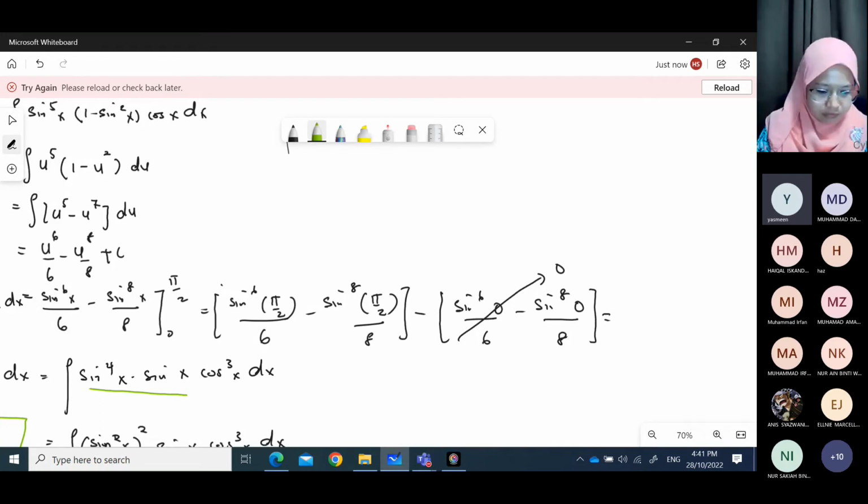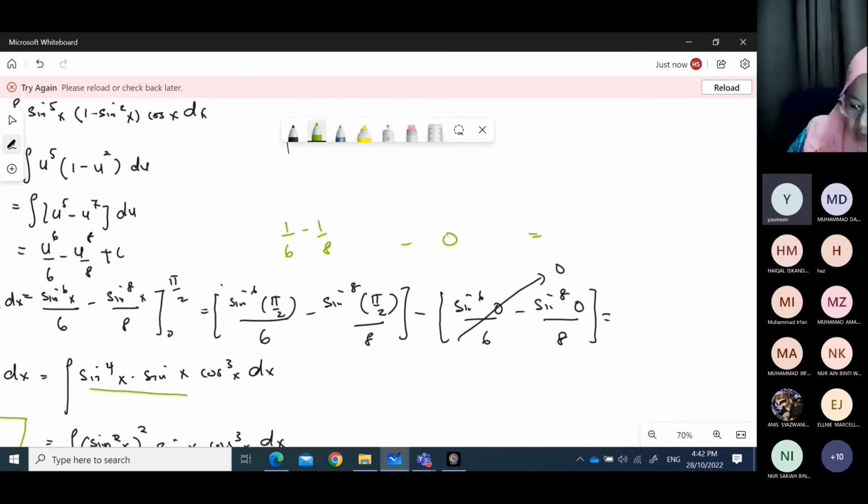Sin pi over 2, 1 kan, betul tak? So this one you akan dapat 1 over 6 minus 1 over 8. This one is 0. So jawapan dia adalah, berapa tu?